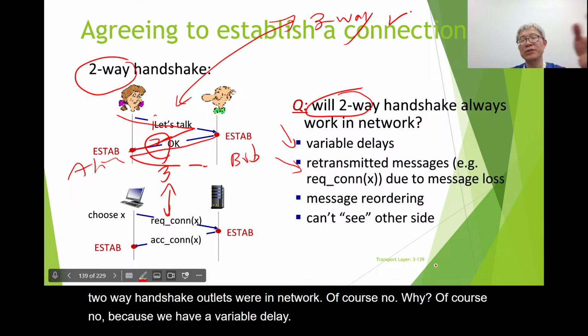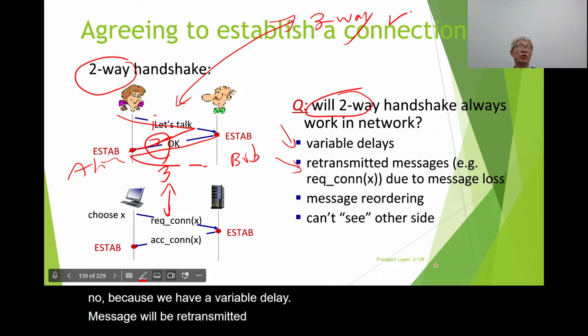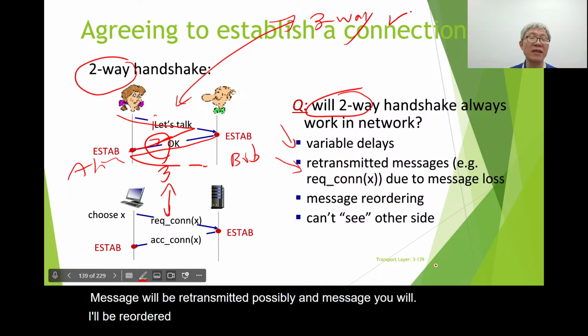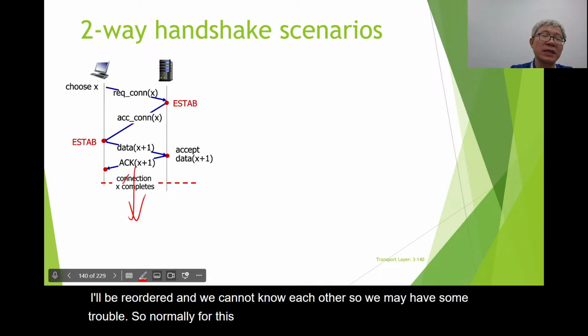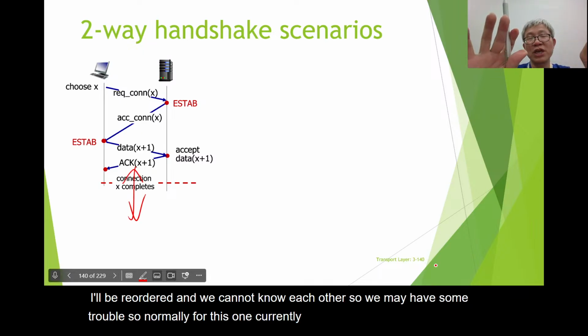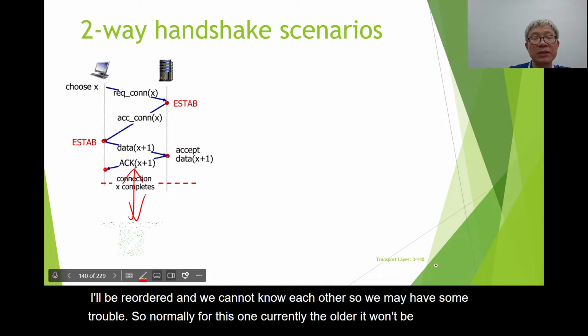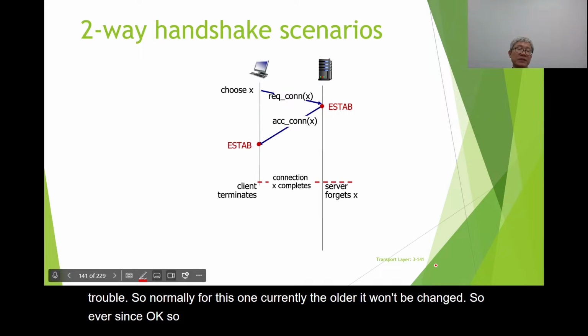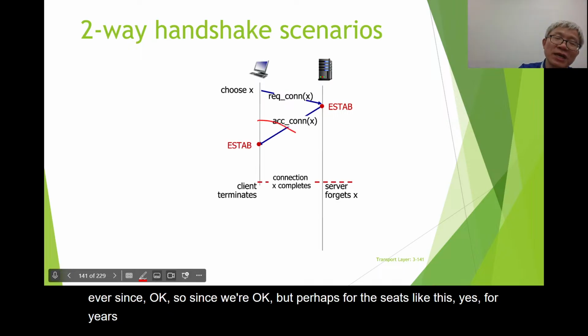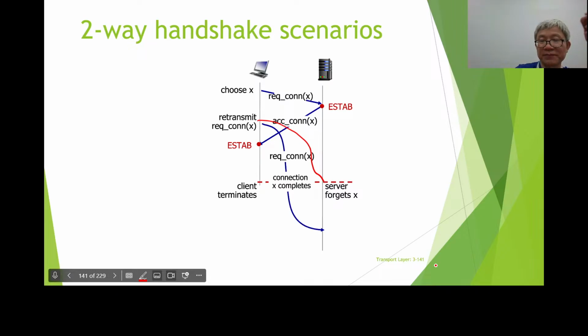Messages will be retransmitted, and messages may be reordered, and we cannot know each other's state, so we may have some trouble. Normally the order won't be changed, so everything seems okay, but is it possible to have a scenario like this? Yes, for some reason we should have a reconnection.